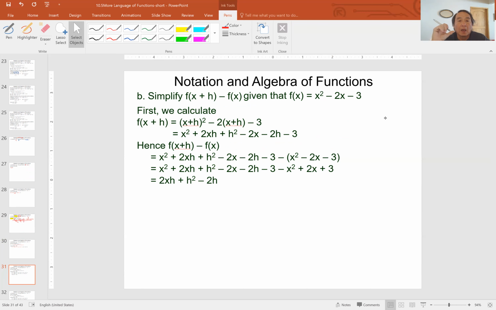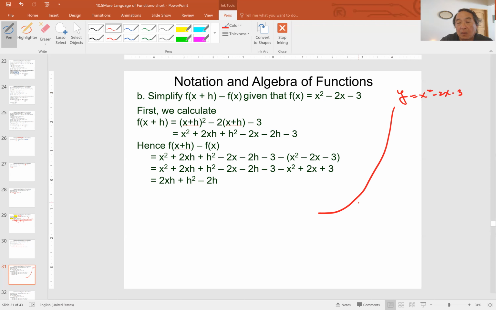And what this is in geometry, in picture, is this. Let's just take this as an example. This is a parabola, the graph of x squared minus 2x minus 3. And we'll have the x-axis somewhere, and a point where x is here.